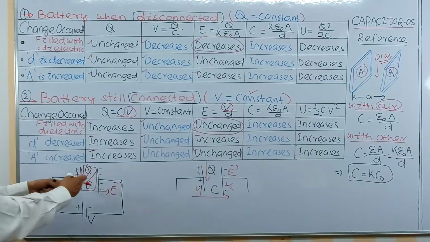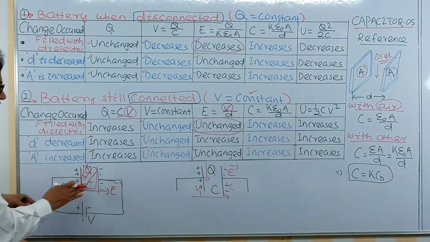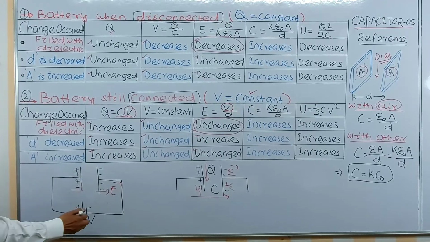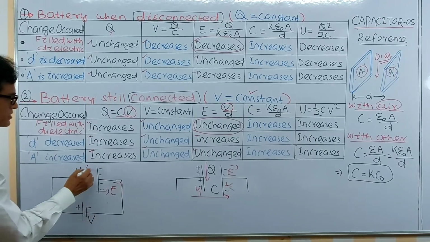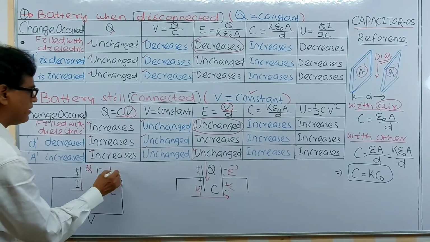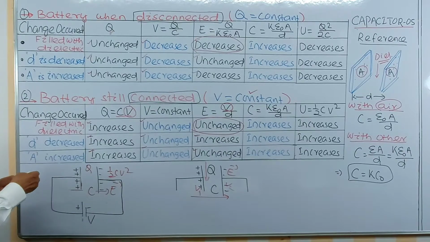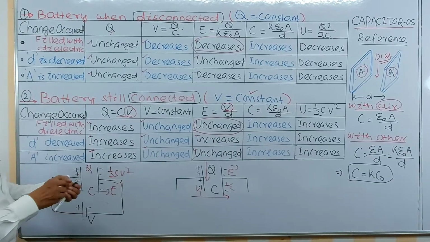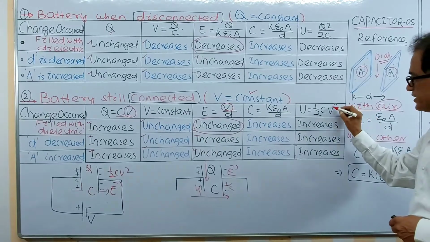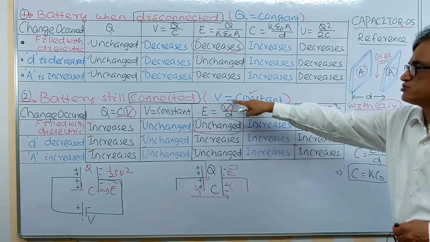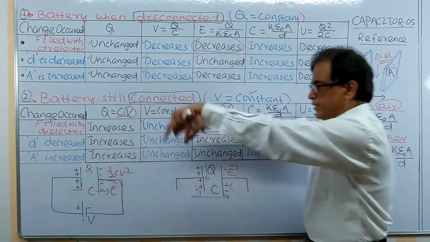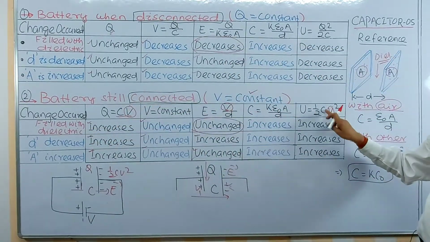Now what happens to the energy stored? Initially, say, there are no dielectrics. Now you are applying V, charge is Q, capacitance C, and energy stored is half CV square. Because V remains constant here. Here V is constant, and if we introduce the dielectric between the plates of the capacitor, capacitance increases.